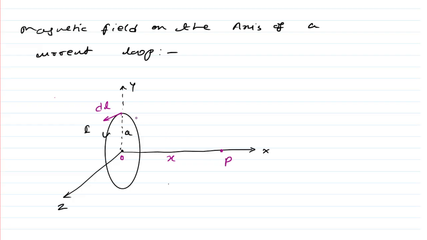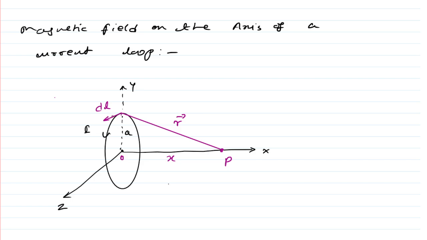Let's say this is the point P on the axis where we want to find the magnetic field due to this circular current loop. So we'll join, this is r vector, which is going to be perpendicular to vector dl. So this is the position vector of point P where we want to find the magnetic field.